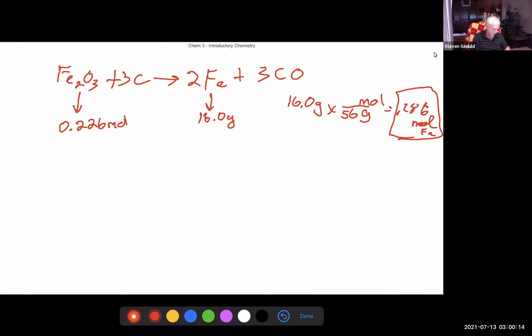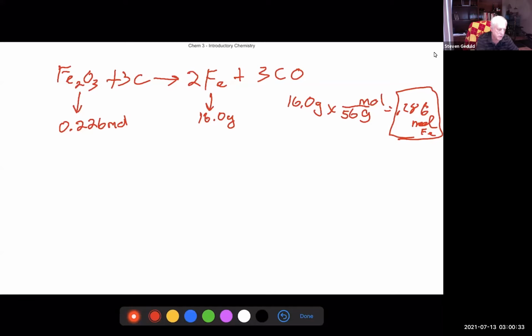Okay, that's the first part of the question. Second part of the question. Well, let's go back up here. Okay, that's actually, what is the theoretical yield of iron in moles? The theoretical yield is what we calculate.